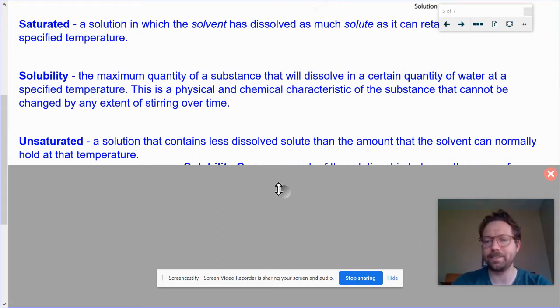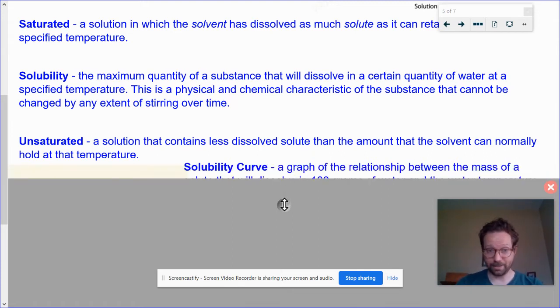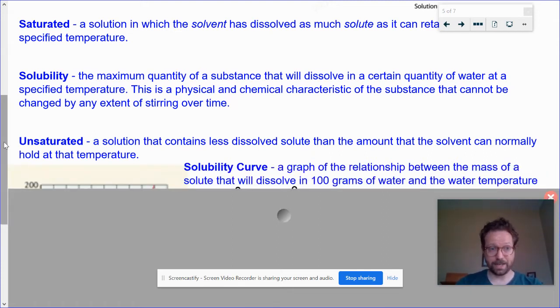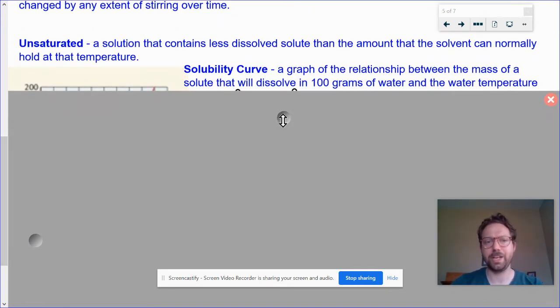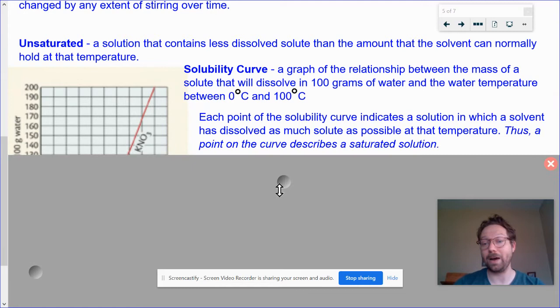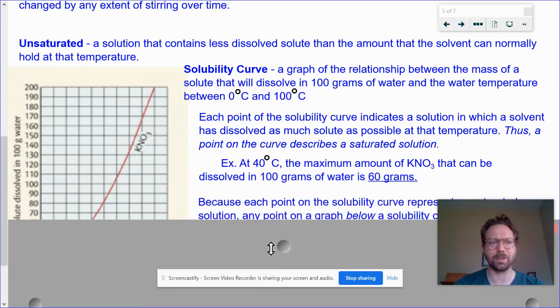Unsaturated means you haven't yet gotten to the point where you've added the maximum amount that would be dissolved. It says there a solution that contains less dissolved solute than the solvent can normally hold at a given temperature. And I keep saying temperature, you keep seeing this temperature. Temperature also changes the amount of solute that can dissolve in the solvent.